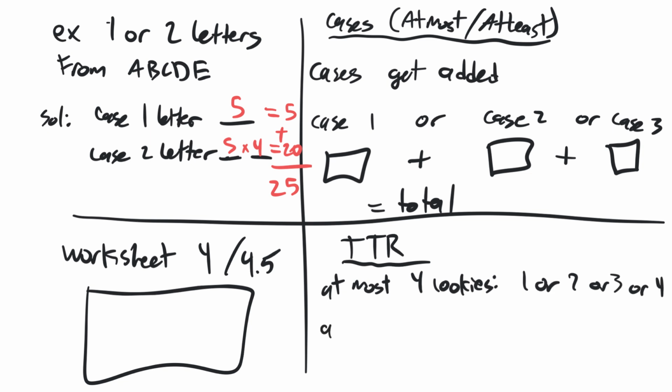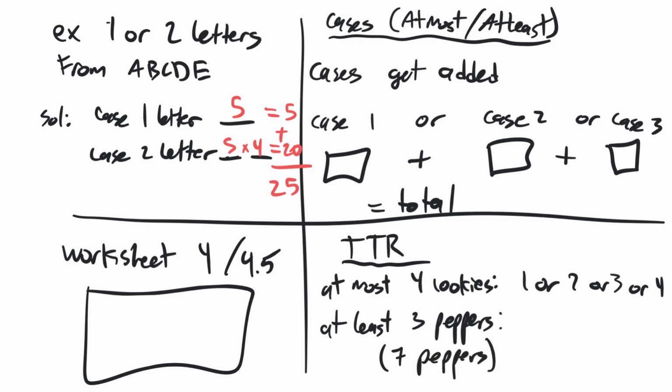If somebody says you have to have at least 3 peppers, and let's say there are 7 peppers to eat, man, this would be a lot of peppers. If you have to eat at least 3 peppers for dinner, and there are 7 peppers in front of you, you have to eat 3 or 4 or 5 or 6 or 7. Maybe we're not eating peppers, maybe we're looking at letters in a word, but same idea.